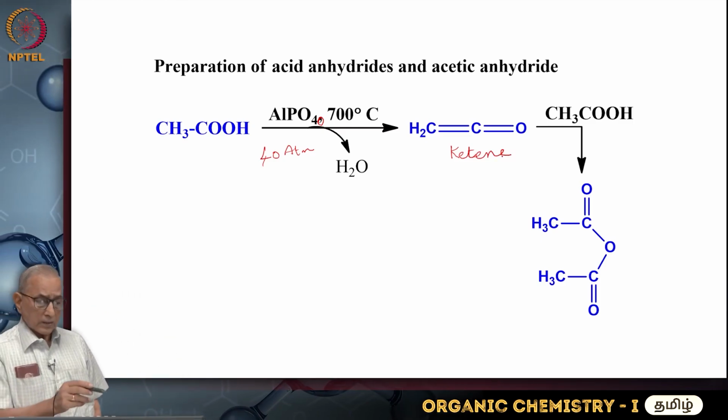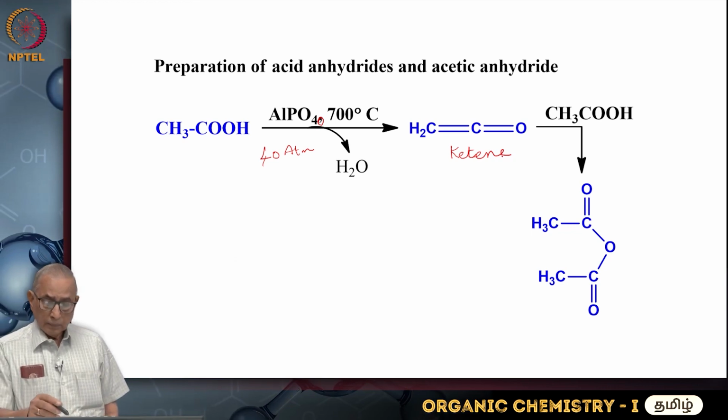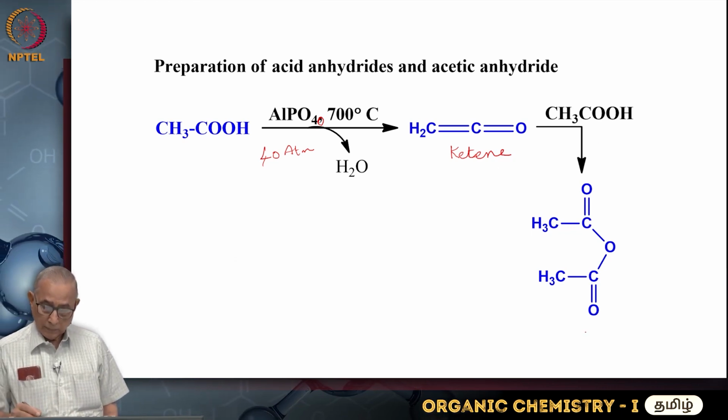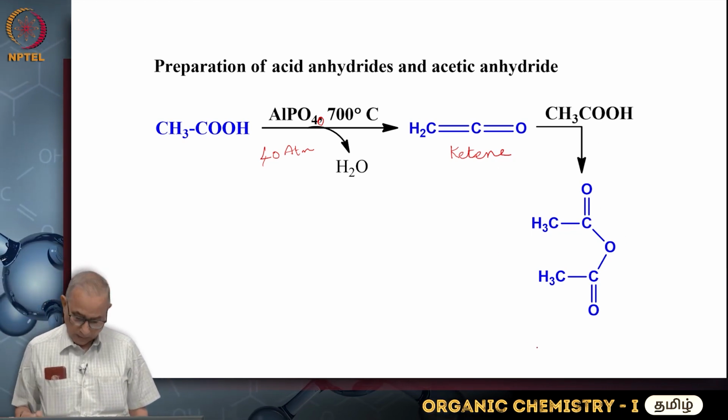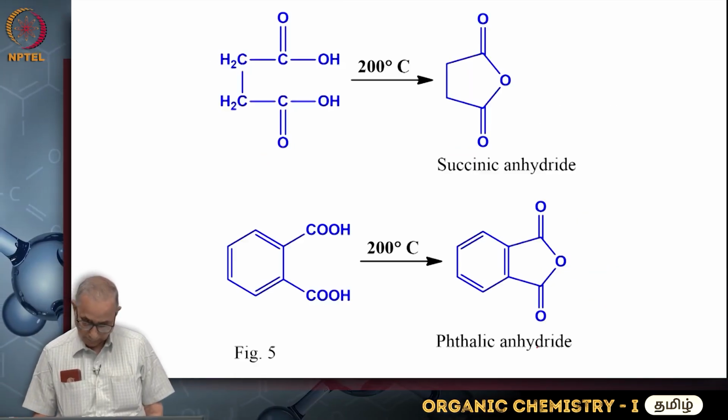When you have excess acetic acid, this reacts with acetic acid to form acetic anhydride. This is how acetic anhydride is prepared.